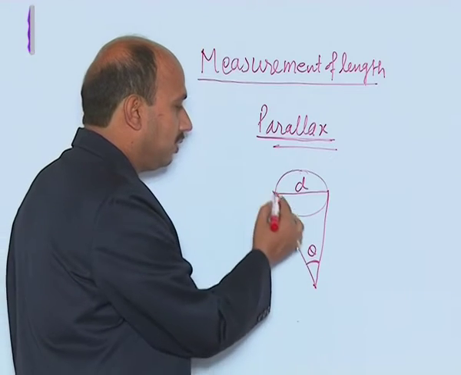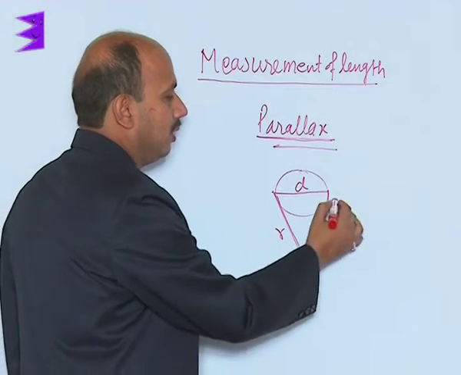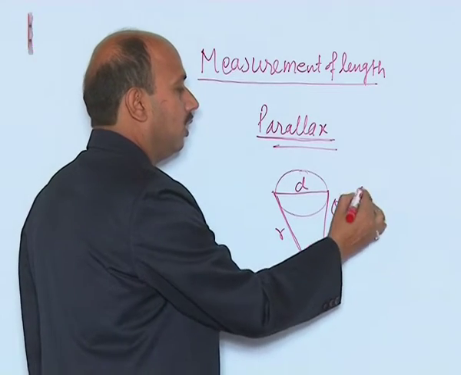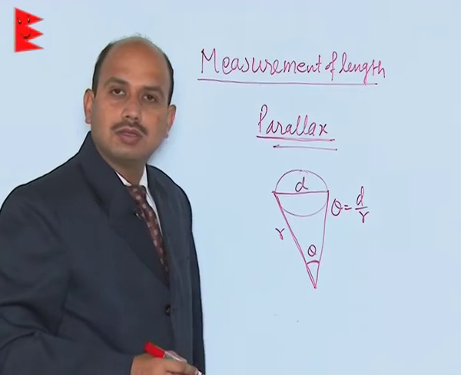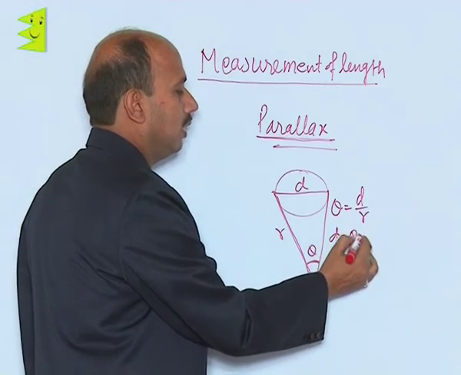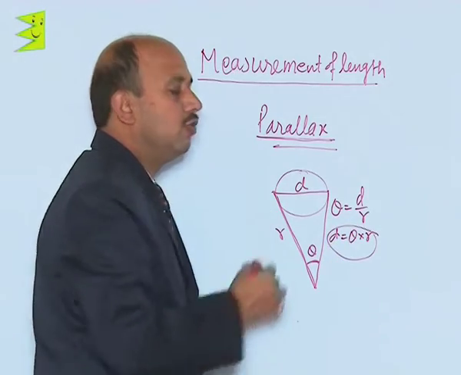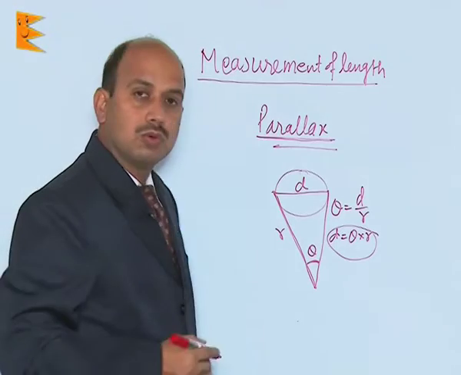Suppose this whole distance is r, so you can write theta is equal to D upon r, where r is the distance between the moon and the earth. If it is known to us, we can calculate D is equal to theta into r. By this way we can calculate the size of the moon also.